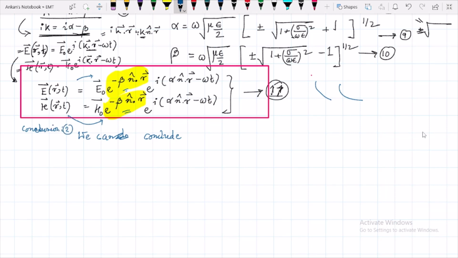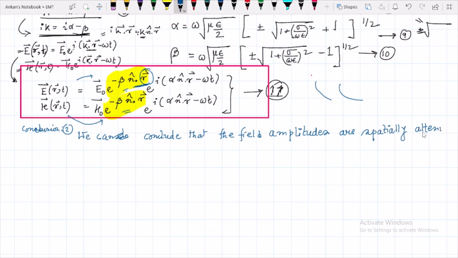We can conclude that the field amplitudes are spatially attenuated, not temporally, because it involves only n cap dot r.